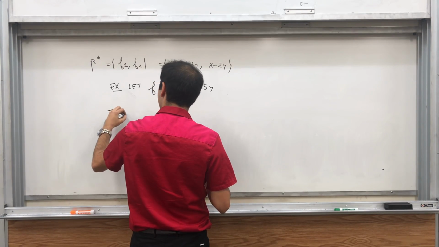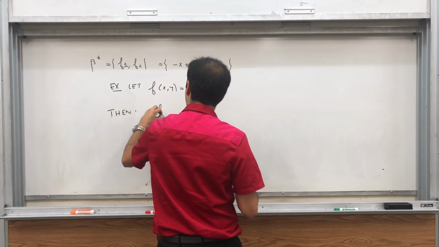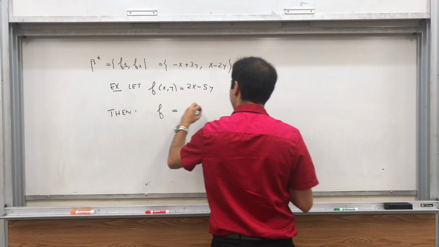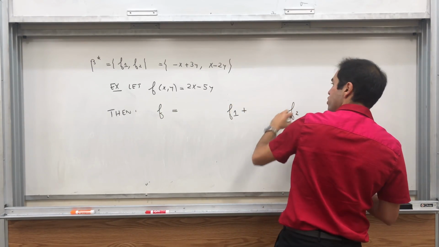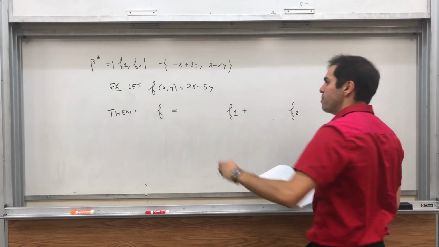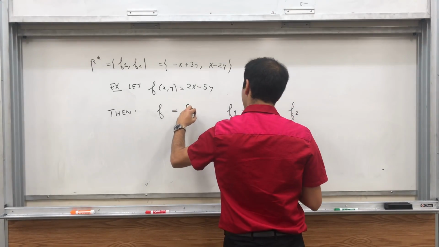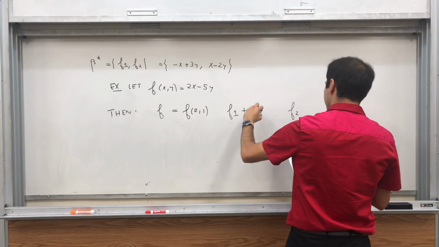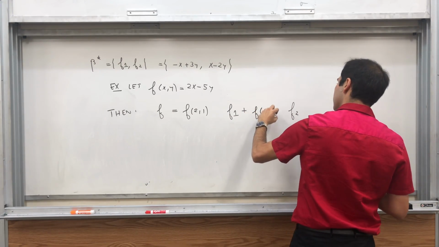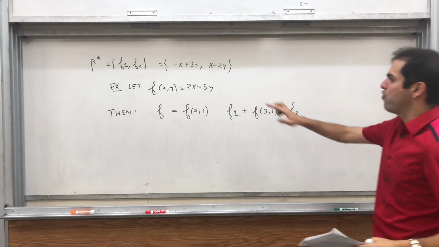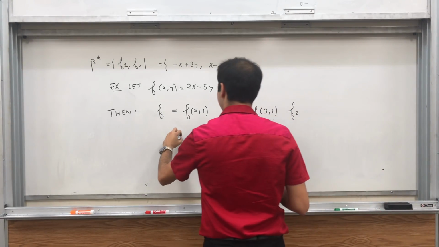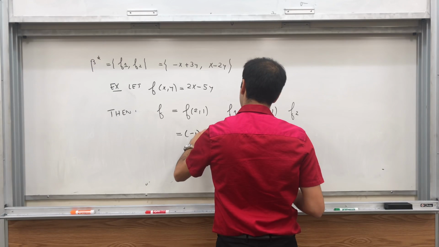Then what does our formula say? It says that f can be written in terms of f1 and f2 just by evaluating f at basis vectors. So f of 2, 1 times f1 plus f of 3, 1 times f2. But then f of 2, 1, that's 4 minus 5, which is minus 1, times f1.